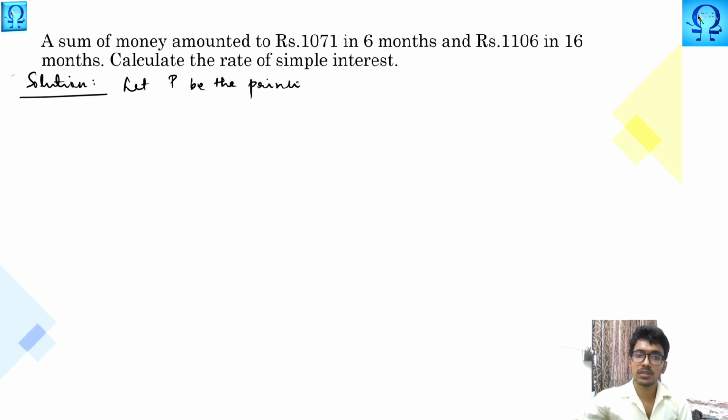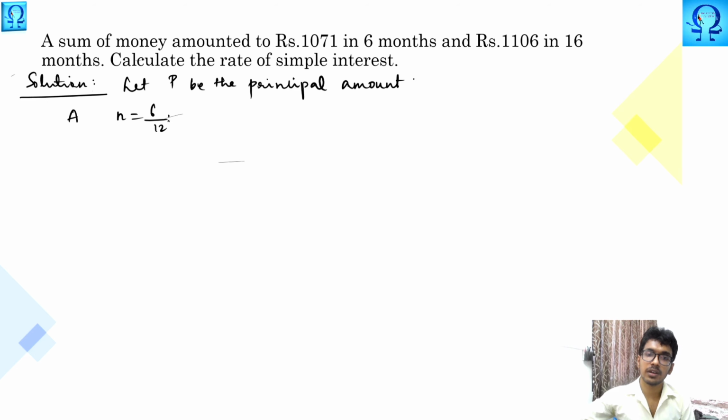This is the amount which amounts to 1,071 in 6 months. That is, when you calculate your A value with n to be 6 upon 12 years at a certain rate of interest, you get this amount to be equal to 1,071.